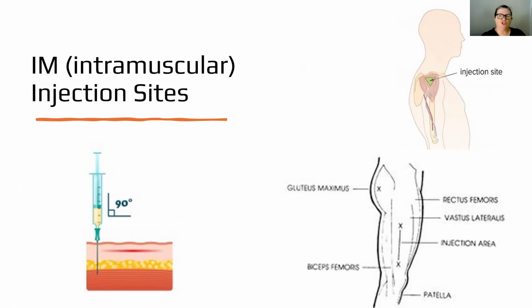Now, the way I teach it, there's no way you could hit the sciatic nerve even doing dorsogluteal, but I will show you here. The dorsogluteal happens right around this area.